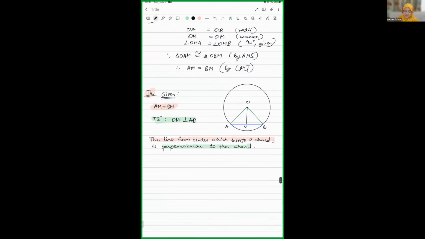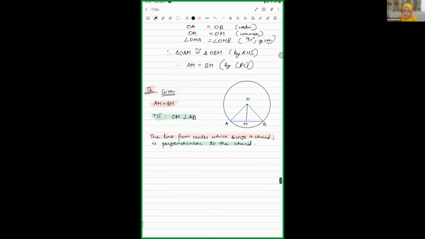So it's given that AM is equal to BM. Now again in triangle AOM and triangle BOM, OA is equal to OB again, radii, and AM is equal to BM because it's given in the question. And what else do we have?